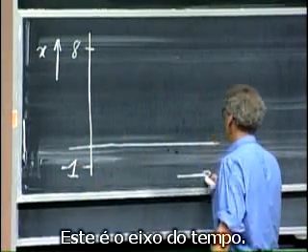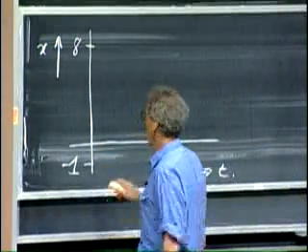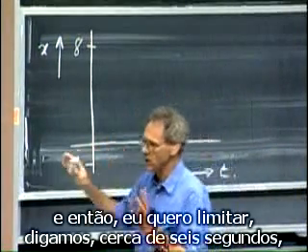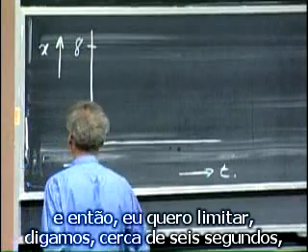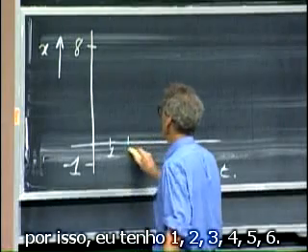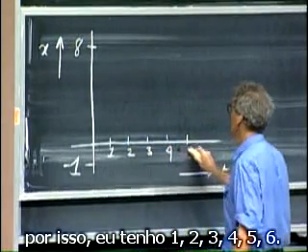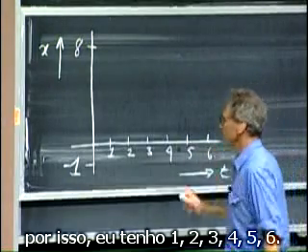This is the time axis. I have a 0 here. And so I want to cover, let's say, about 6 seconds. So I have 1, 2, 3, 4, 5, 6.